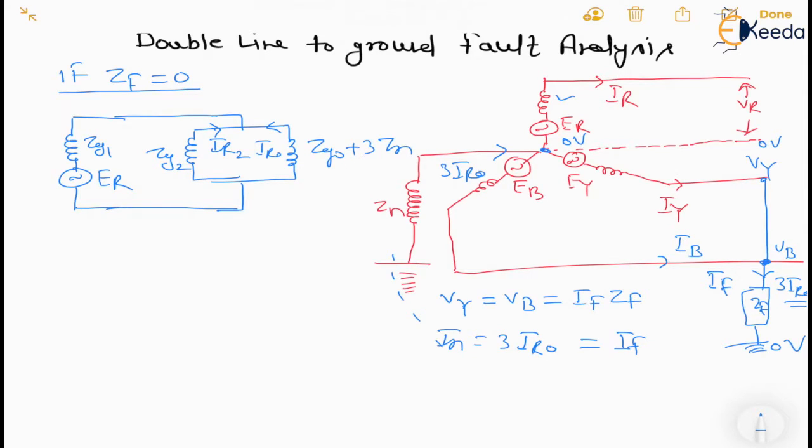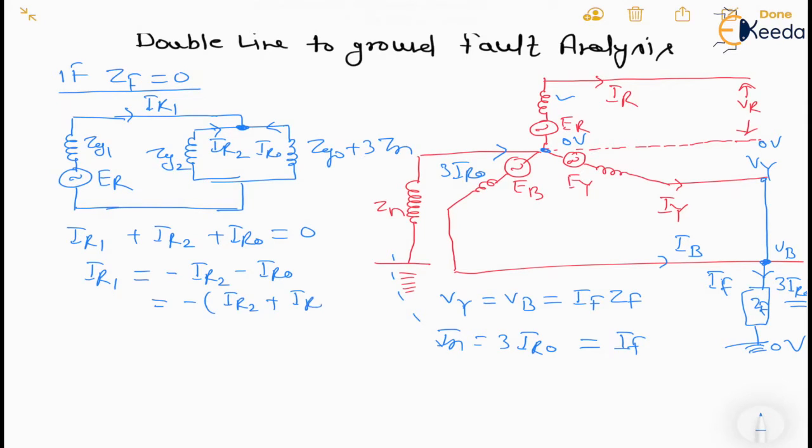So we can see from here that while applying KCL, at this node the value of IR1 plus the value of IR2 plus the value of IR0 is equal to 0. Means what we can say is IR1 will be equal to minus of IR2 minus of IR0, means minus of IR2 plus IR0.